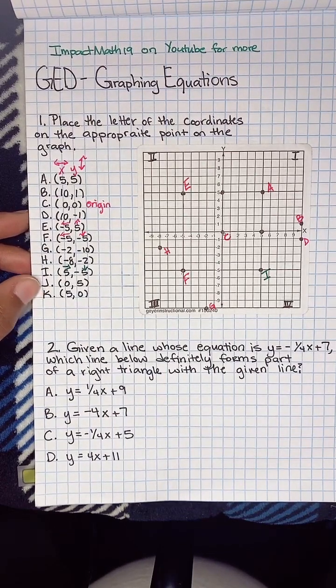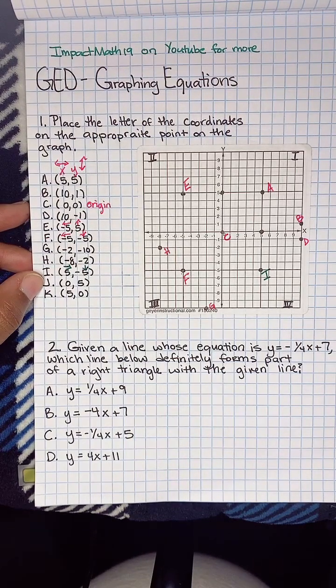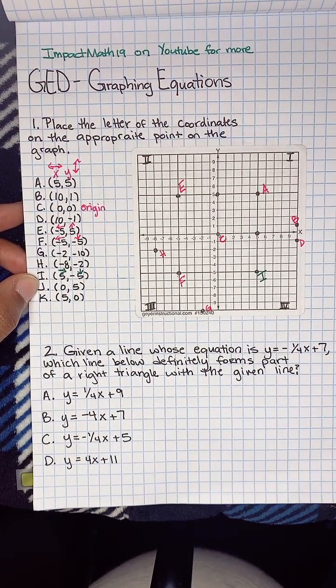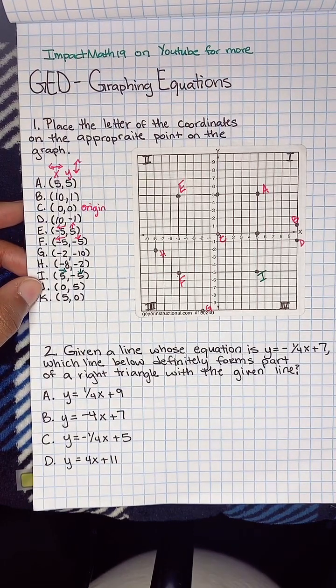Now, these are the tricky ones, because these are called intercepts. So let's look at J. Where would you guys say J is? Is it on the x-axis or the y-axis? Aaron said y-axis. We got an X, and we got Y's.